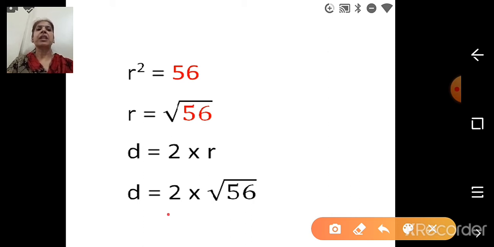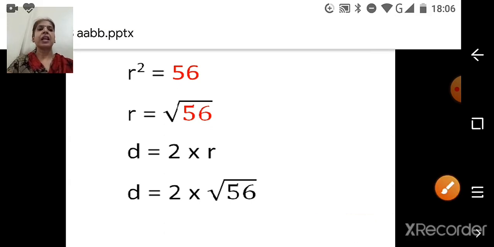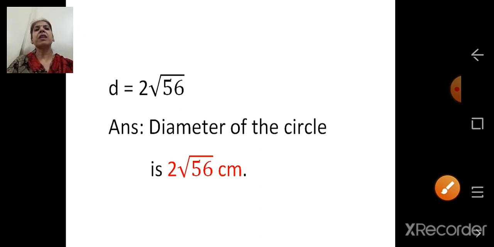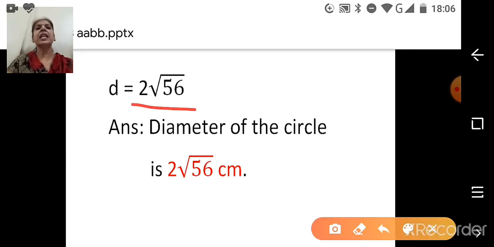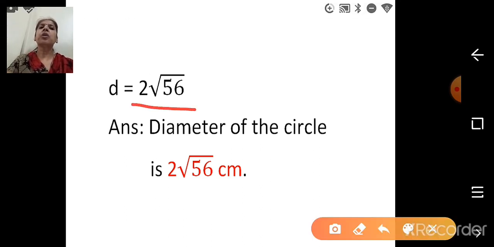So diameter is 2 multiplied by radius, and our radius here is root of 56. So when we multiply 2 with root of 56, now 56 is in the root sign, we just remove the multiplication sign and write like this: 2 root 56. Diameter is 2 root 56.